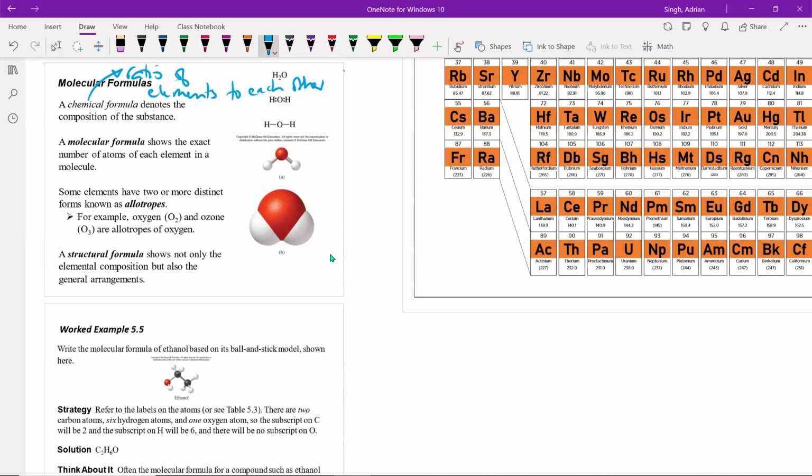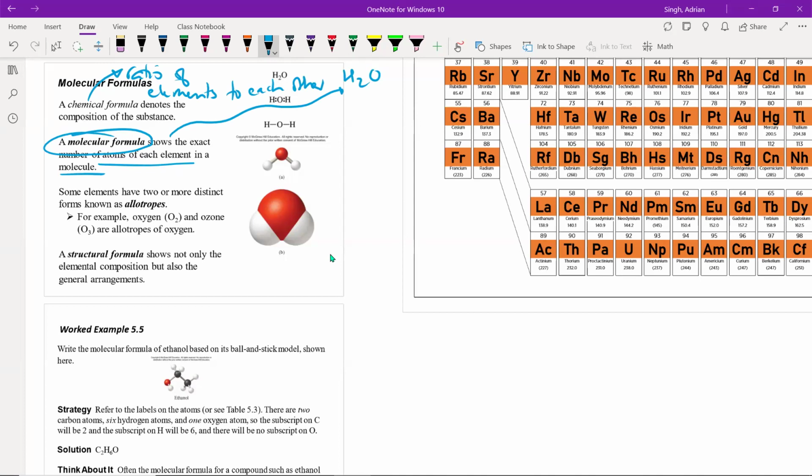So for example, H2O would be an example of the chemical formula for water. The molecular formula is kind of interchangeable with the chemical formula. This is going to show us the exact number of atoms in each element in the molecule. So again, for H2O, it would be the same. It would also be H2O in this case.